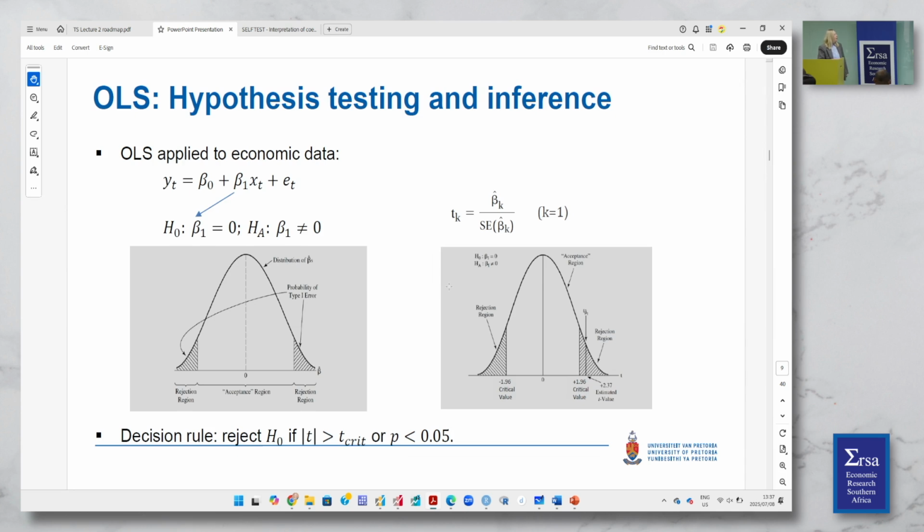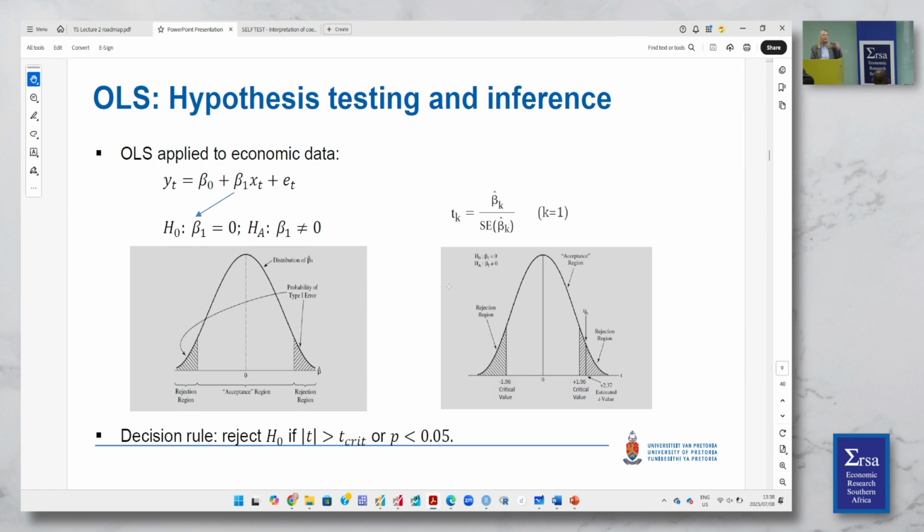That's why we calculate the standard error, which is a measure of the spread of this distribution around the beta, and that gives us our good old t-stat, which is then we know that for a standard t-distribution above these critical values of minus 1.96 and plus 1.96, we have a total of 5%.